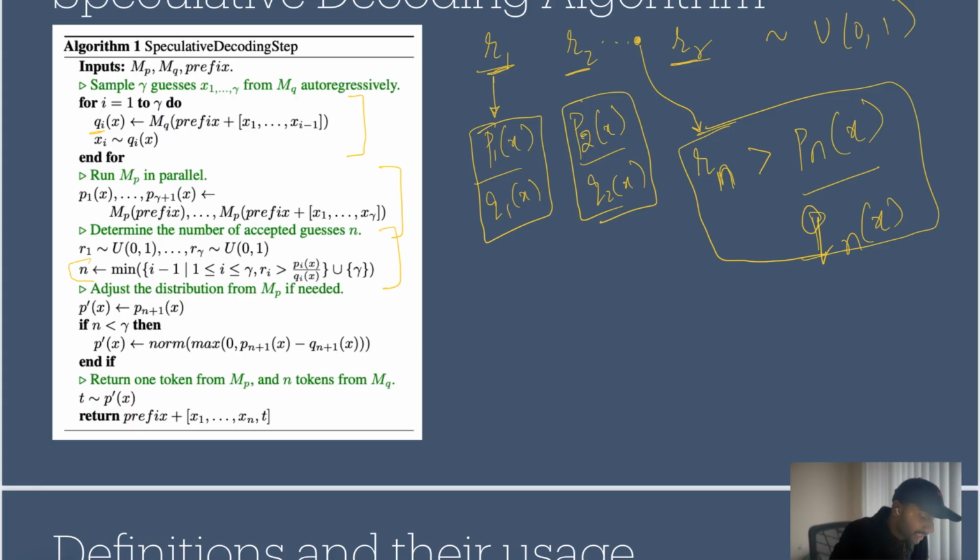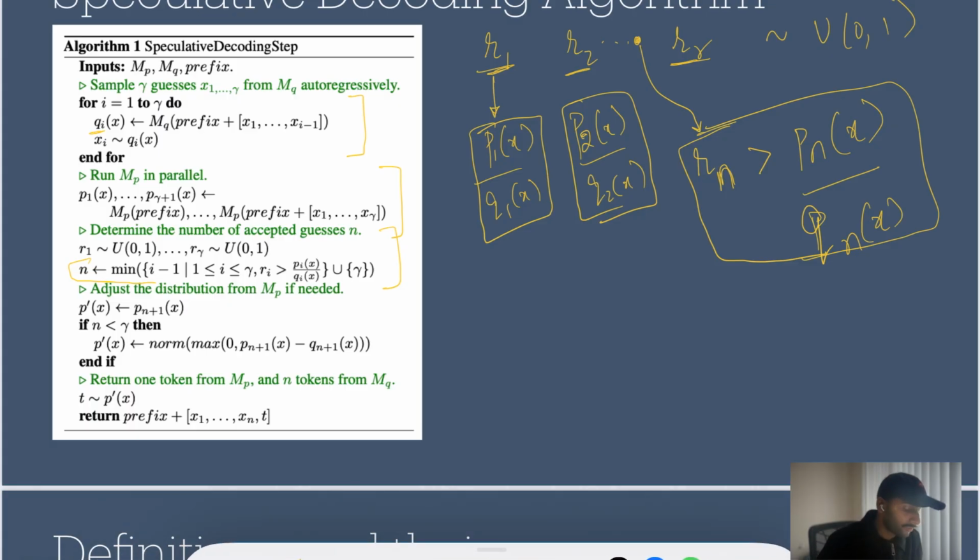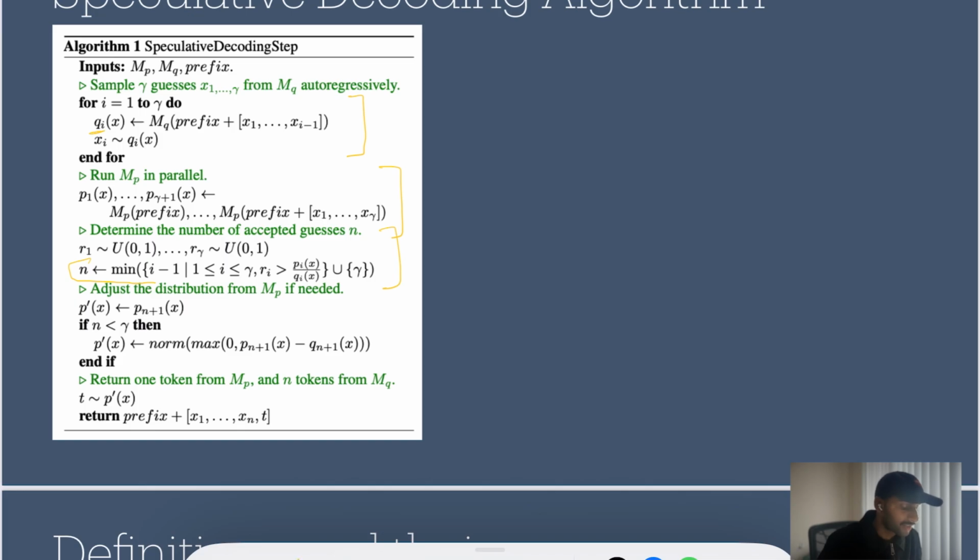So that is this part of the code here with all this fancy min and the set notation. Basically, we are trying to extract the first location where the sample value r is greater than the ratio of p of x over q of x for that particular time step. So we want the first time step where we have this r being greater than that ratio. And we're calling that a rejection.